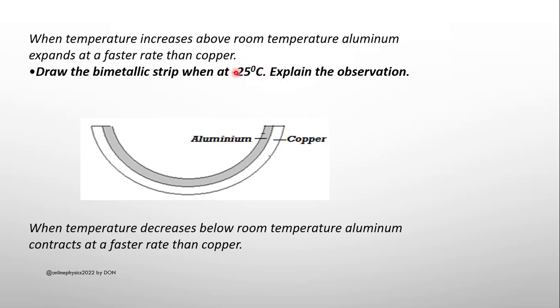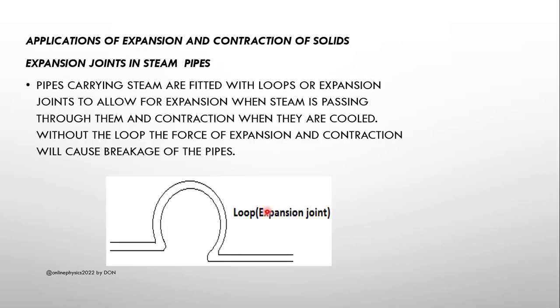That's far below room temperature, and it is expected that aluminium, which expands faster than copper, will also contract faster than copper in this case. Therefore, this will be the shape with aluminium on the inner part of this bimetallic strip and copper on the outer part. So when temperature decreases below room temperature, aluminium contracts at a faster rate than copper.